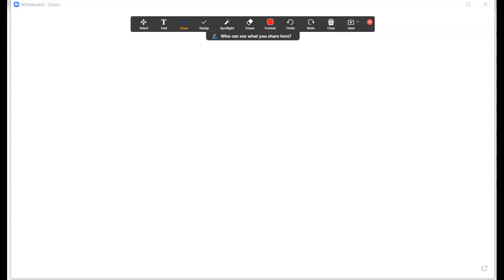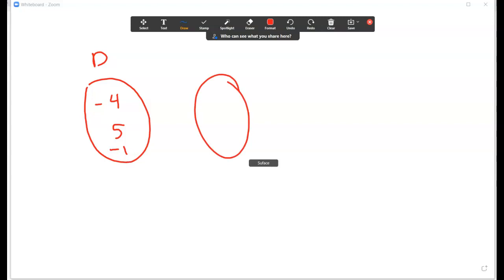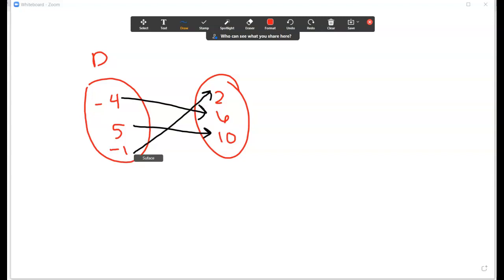All right, guys, review question number 1. If I gave you a diagram mapping where your domain is -4, 5, -1, and then in the range you have 2, 6, 10, and -4 maps to 6, 5 to 10, -1 to 2.